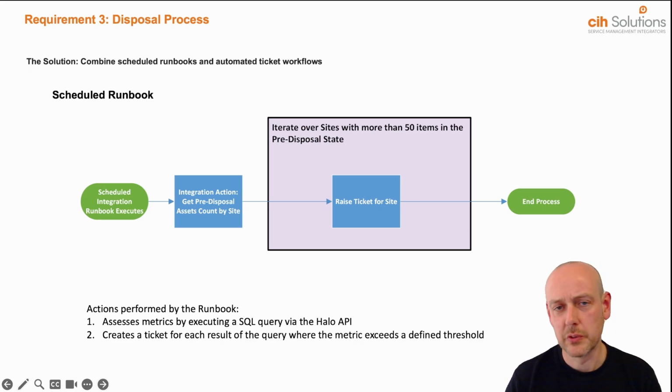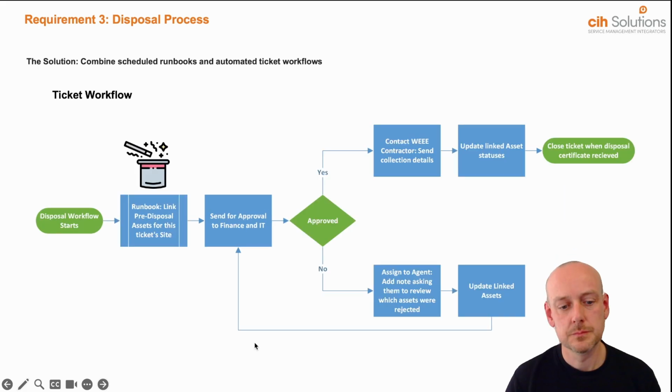So we use that report in a runbook, and we have a ticket that is generated from that runbook, and then that ticket has its own workflow that processes it. Now, in a bit more detail, the runbook executes that report using the API, and the contents of that report is returned in JSON. The runbook then processes each row that's been returned, and it creates a ticket for each site.